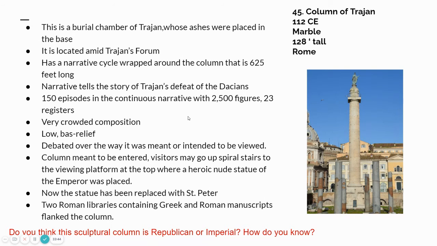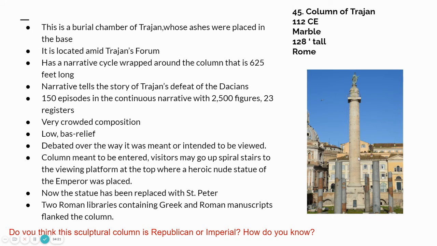Like I said before, we're looking primarily at bas relief carving. There's been a lot of debate on how you are meant to view or read the narrative for the column. And the reason is because, remember, this was part of an entire complex. When we think about how the complex looked in its original form, a lot of these buildings interacted with each other.